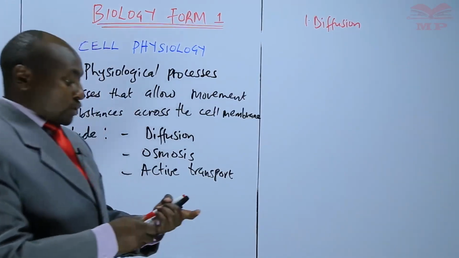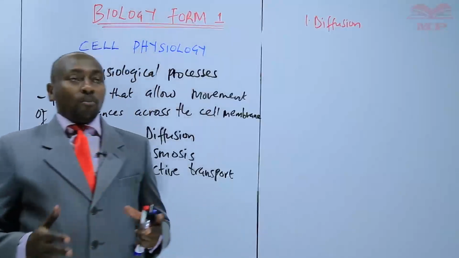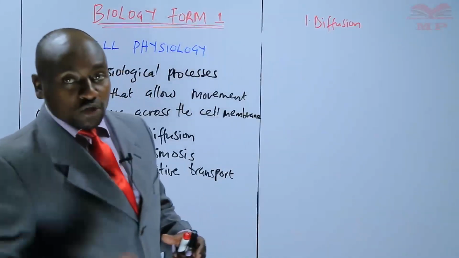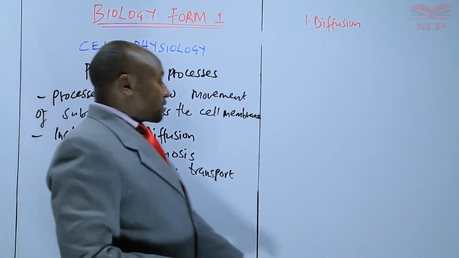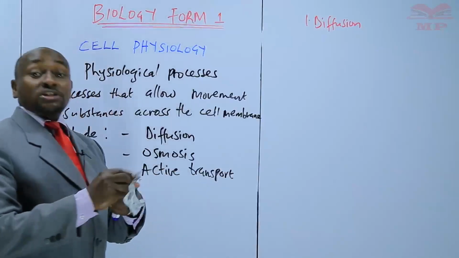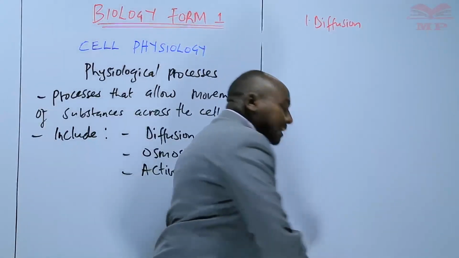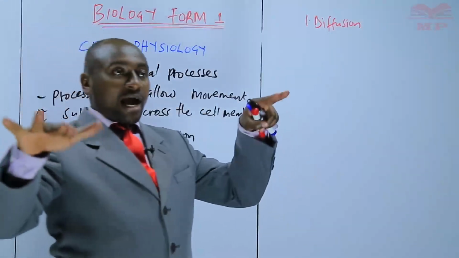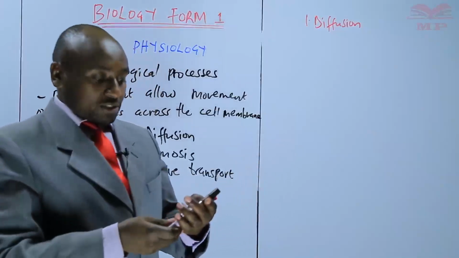Now, diffusion is the movement of particles from a region of high concentration to a region of low concentration until an equilibrium is established, until the two regions are balanced, until they have the same concentration.